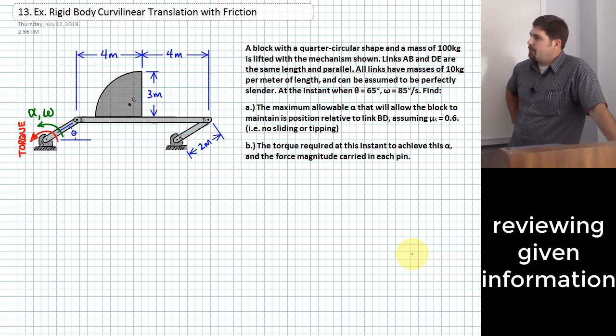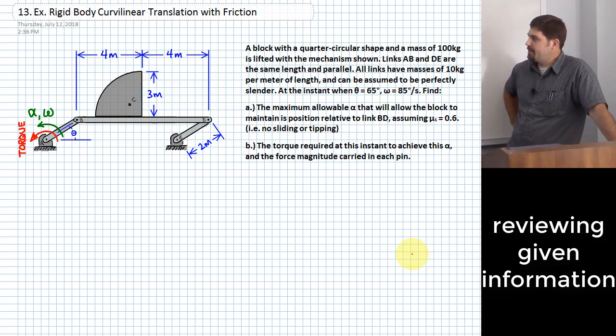First, we want to determine the maximum allowable angular acceleration alpha that we can apply while having the block not move relative to link BD, okay? We're going to assume a coefficient of static friction of 0.6. For that question, we're saying we don't want it to slide and we don't want it to tip. We want it to stay put on that link BD.